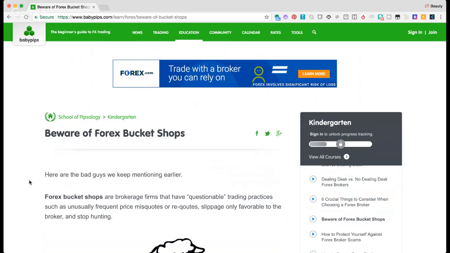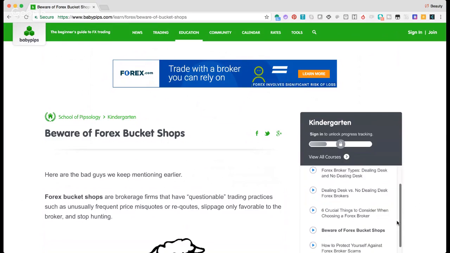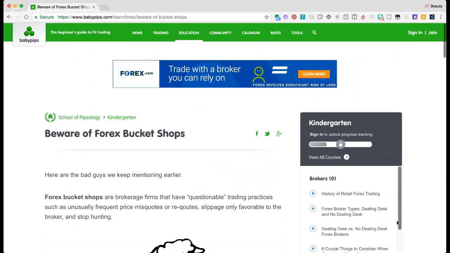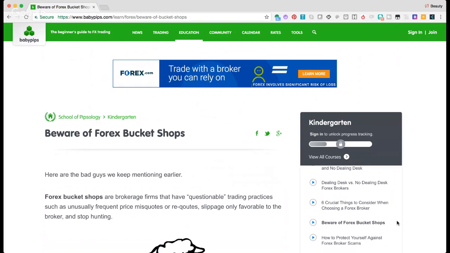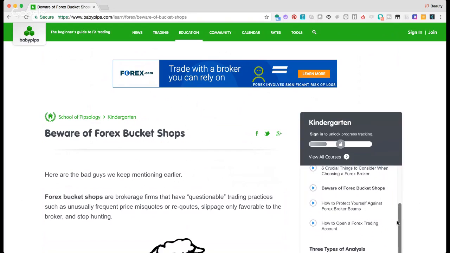We're on module number, let's see here. Where are we? We've dealt with history of retail Forex trading, Forex broker types, dealing desk versus no dealing desk for Forex brokers, 6 crucial things to consider when choosing a Forex broker, and now we're on beware of Forex bucket shops.